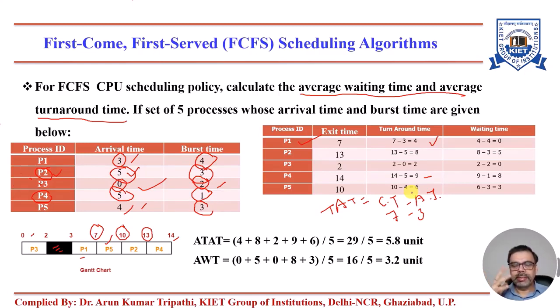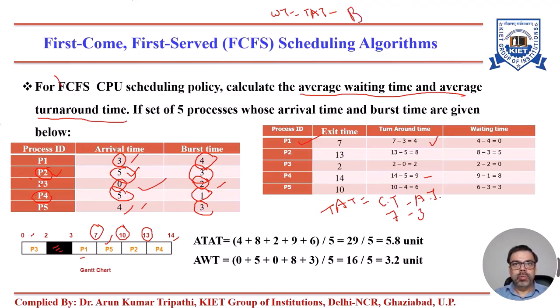Now coming to the next, waiting time for each process. As we know, the waiting time formula is: waiting time is equal to turnaround time for that process minus burst time.